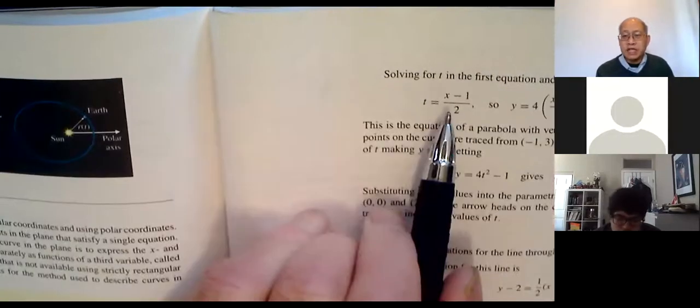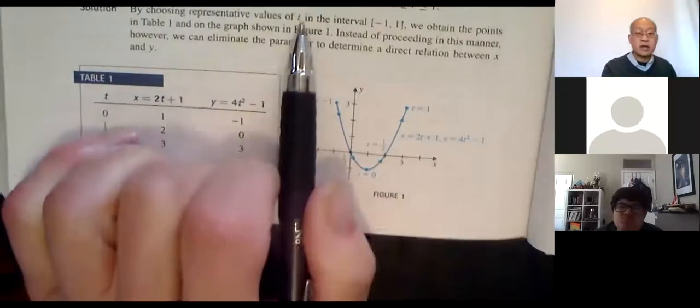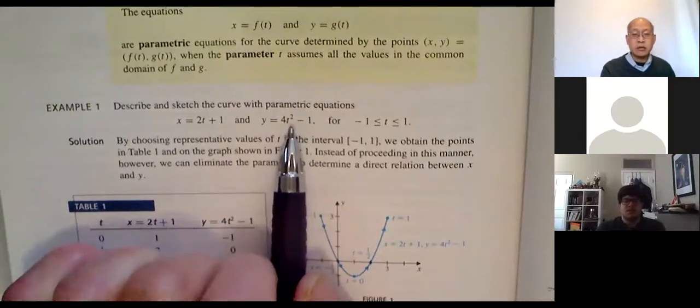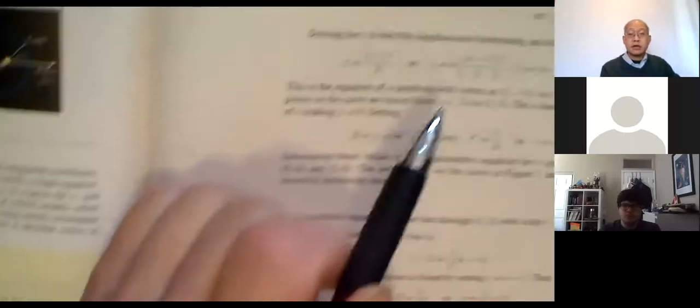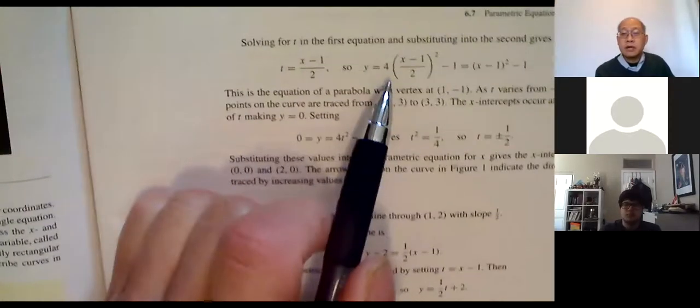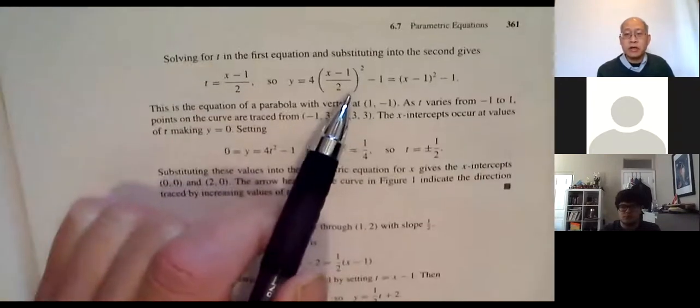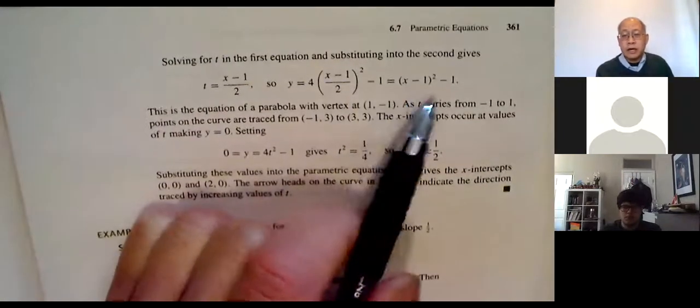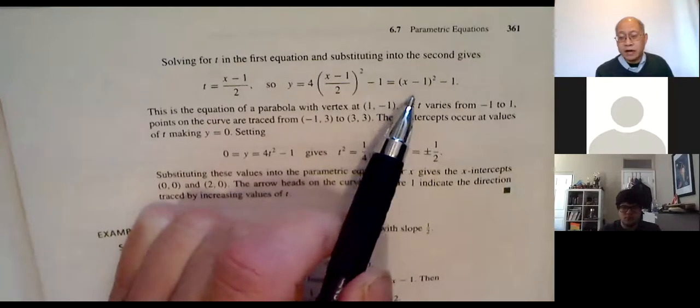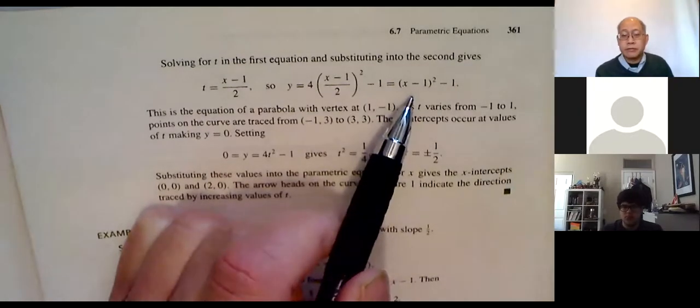So if I were to take that expression and plug it into here, y equals this, 4t squared minus 1, do a little algebra, and it ends up looking like that. Then you say, okay, I recognize that. That's a parabola.